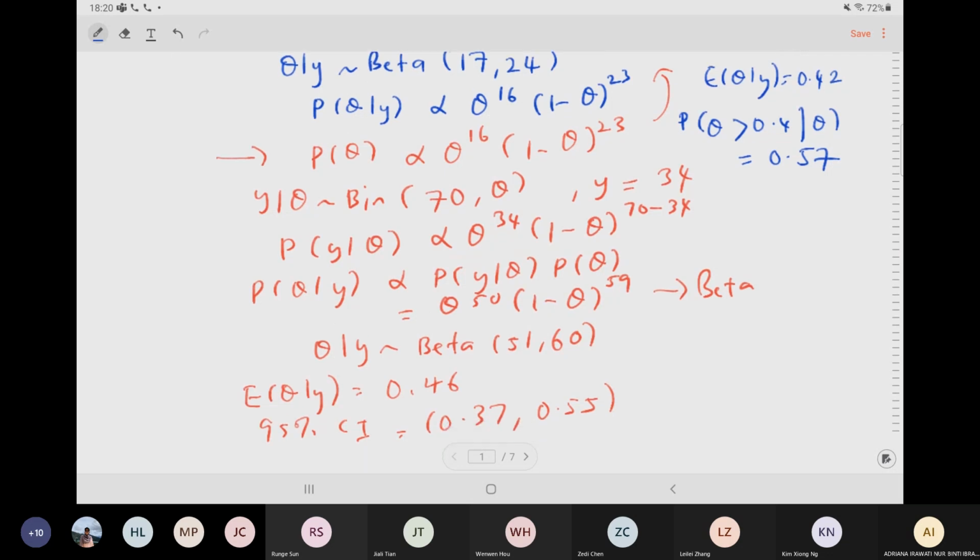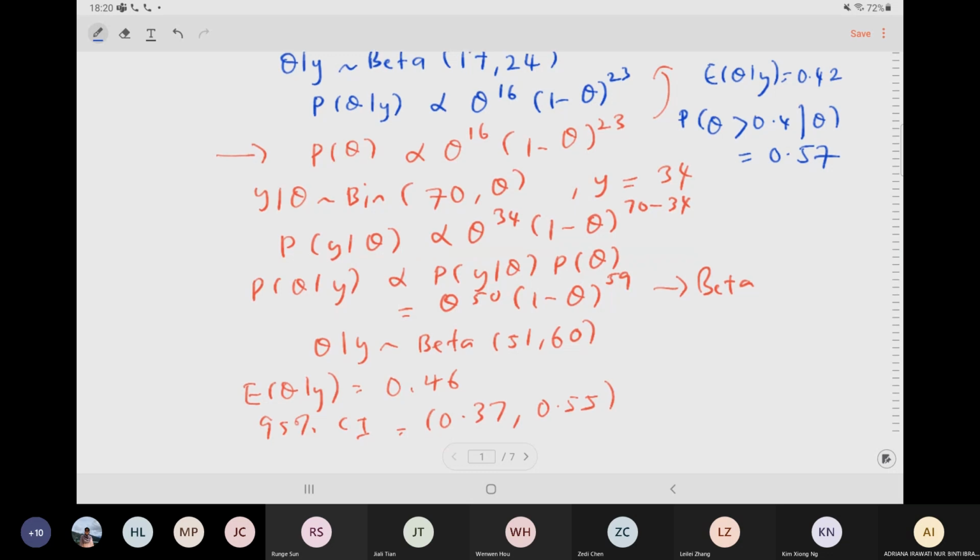So this is one of the advantages for the Bayesian. We don't have to discard or recalculate; we just update, because it will be a similar distribution. It's just that the parameters will be updated according to the new data. So this is updating the posterior.